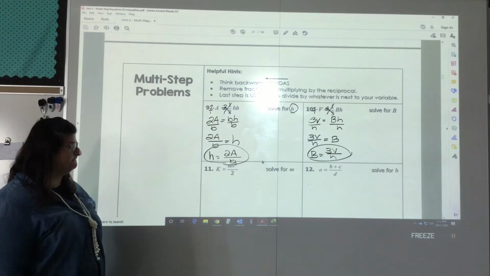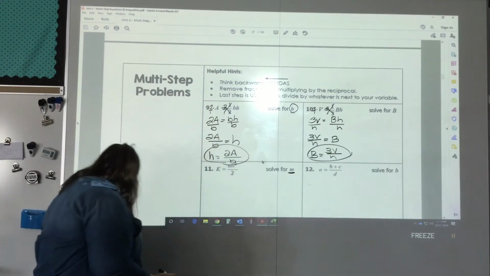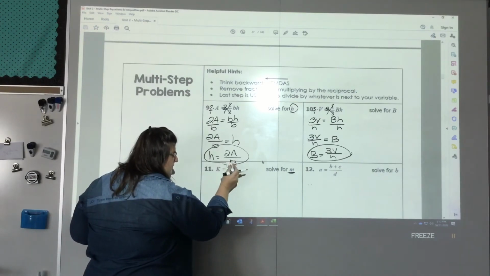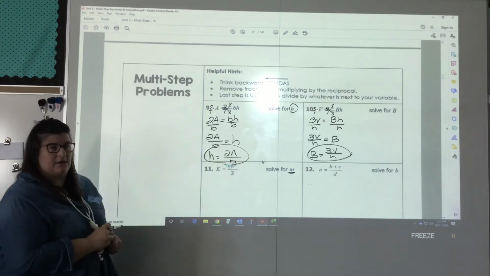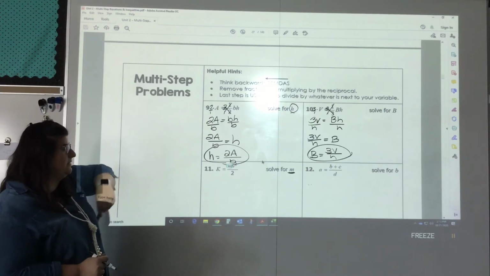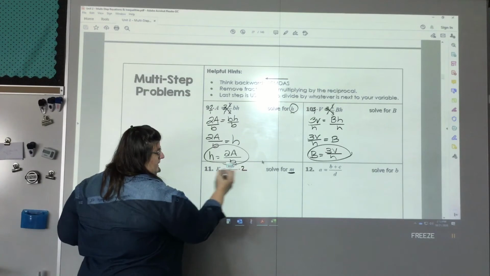11. Solving for m, right here. Here's my m. Let me erase the circle from the problem before. There's my m. I need to get that m by itself. We work backwards, order of operations. All right? There's no adding and subtracting, so there's multiplying and dividing. I need to multiply by 2.